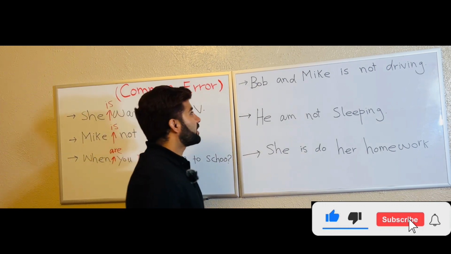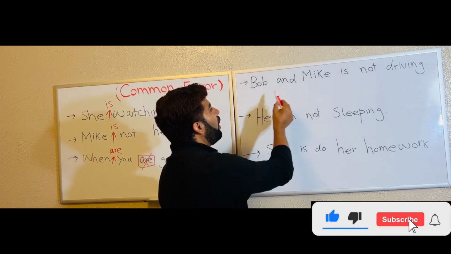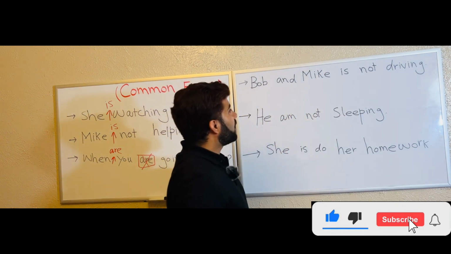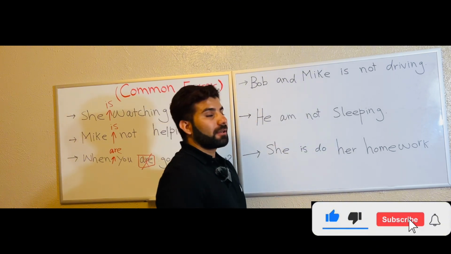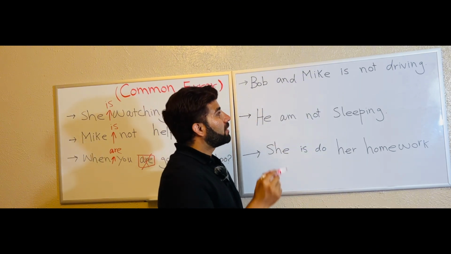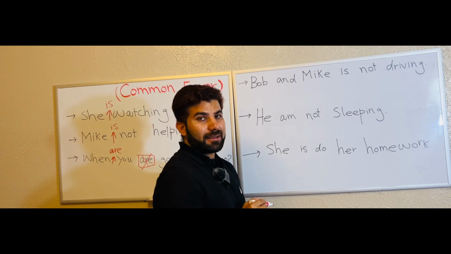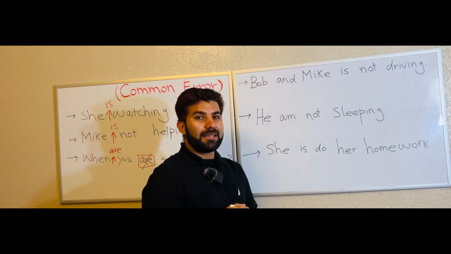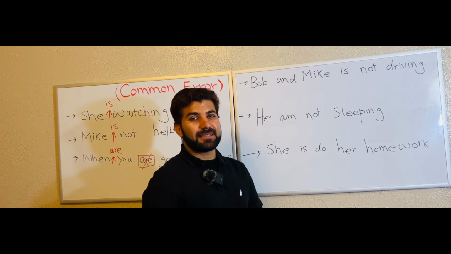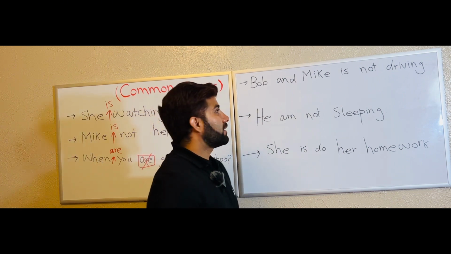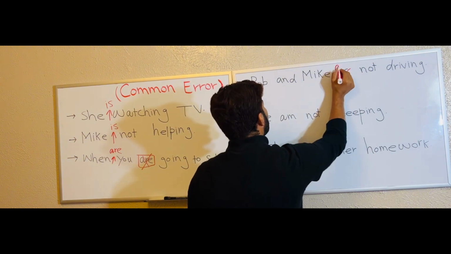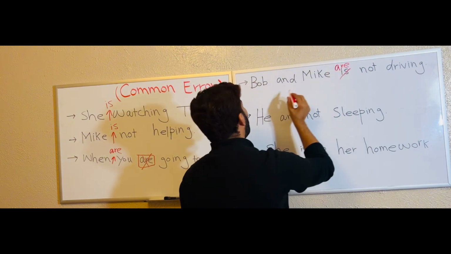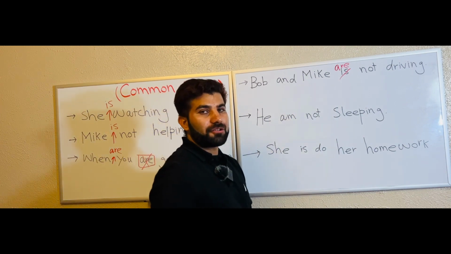Let's see some more examples. Bob and Mike is not driving. This pattern is wrong because the be verb is incorrect. We said if there are two persons in a sentence, the be verb will be are, not is. So there should be are. Bob and Mike are not driving.